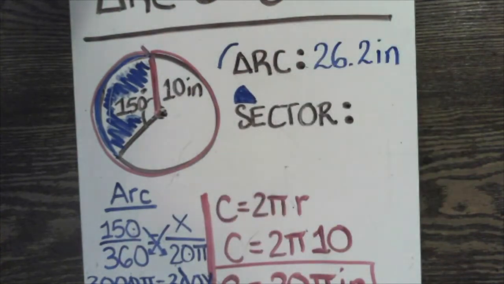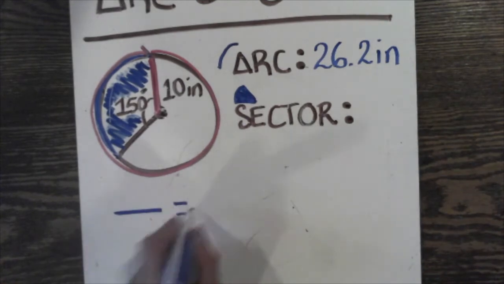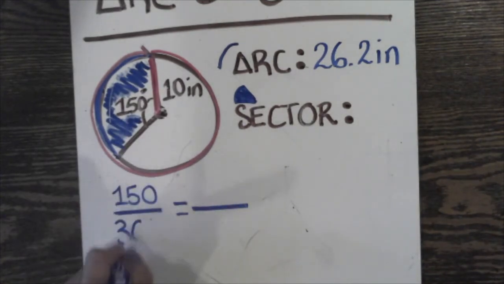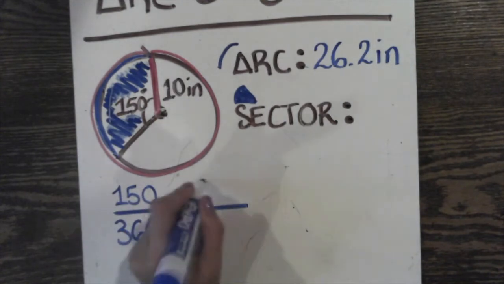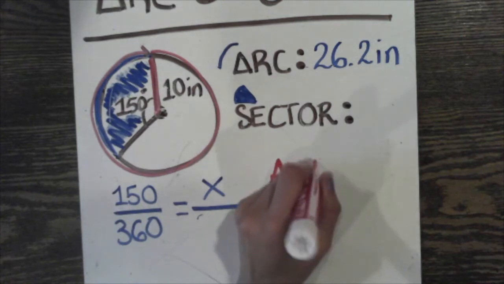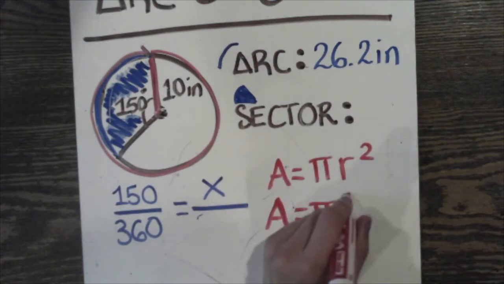Now let's find the sector. My sector also uses 150 over 360 degrees because that's how much of the circle we have. But now we want to know the area of the full circle, because if I want to know the area of my sector, I need to be able to know the area of the whole thing.